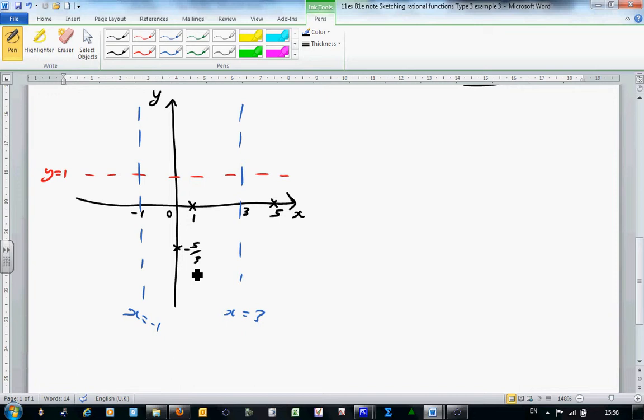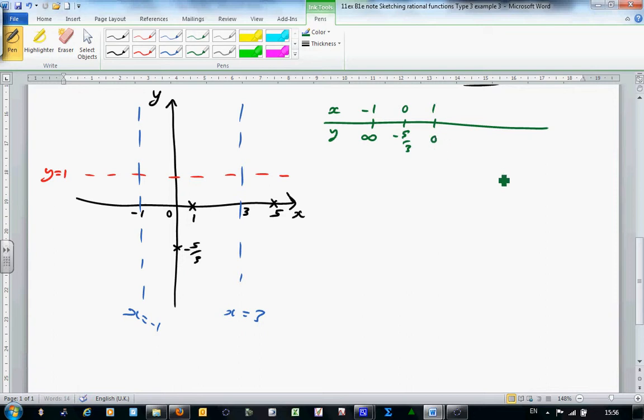When x is minus 1, we see an asymptote, so y is infinity. When x is 0, we have y is negative 5/3. When x is 1, we've got y is 0. X is 3, we have a blue asymptote, so infinite. And when x is 5, we again have a 0.